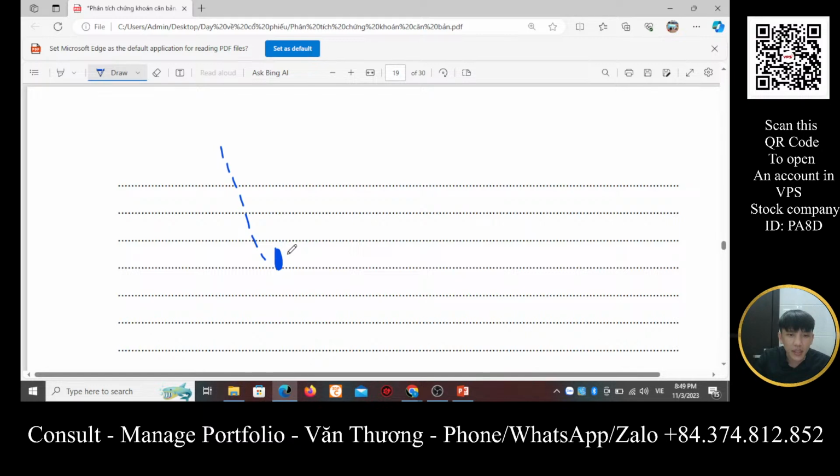So today the stock closed like this. That means that is the first day of recovery.